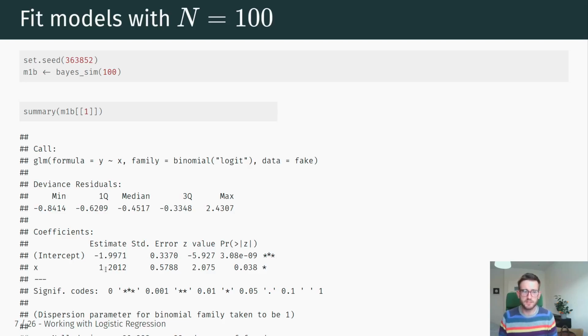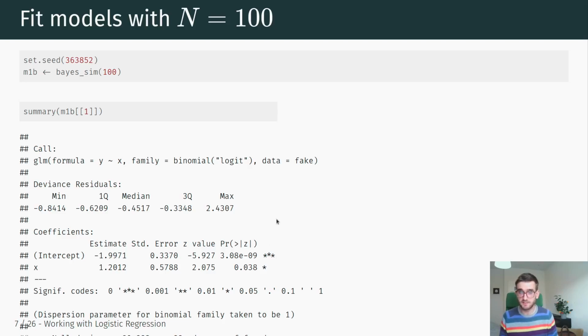But now we see a slightly larger coefficient for x, right? Remember, in the true data generating process, b was set to be equal to 0.8, and now we have a coefficient of 1.2, which is less precise.